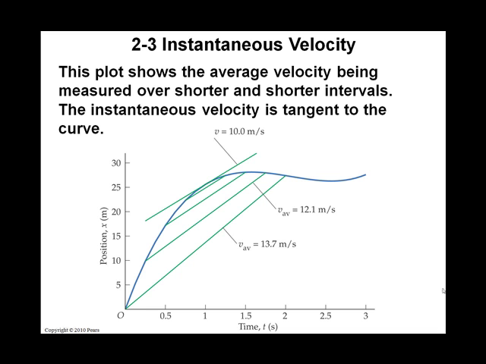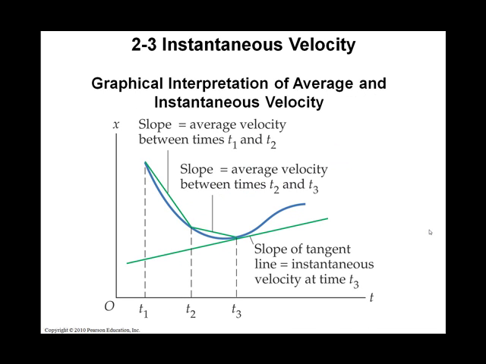It's called a speedometer because it's giving you instantaneous speed at that instant. So the slope of a line tangent on a position graph is the velocity at that instant, the instantaneous velocity. But the slope between 2 points is the average velocity on a position graph.